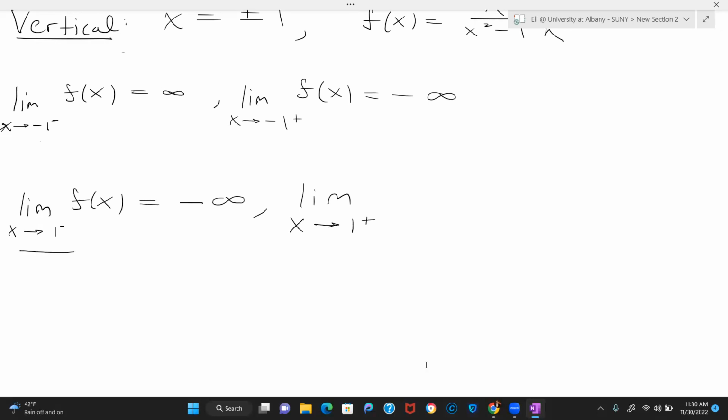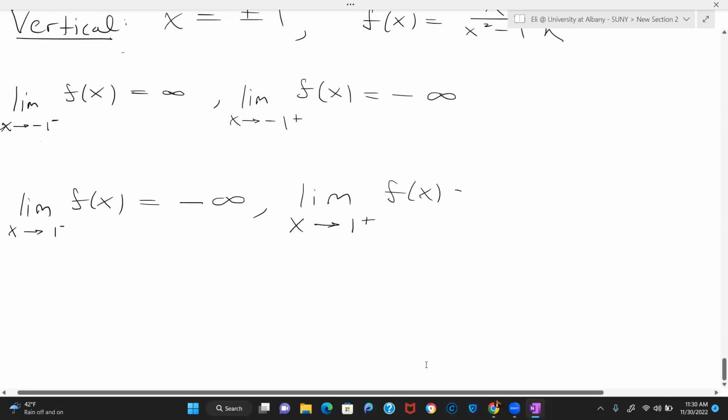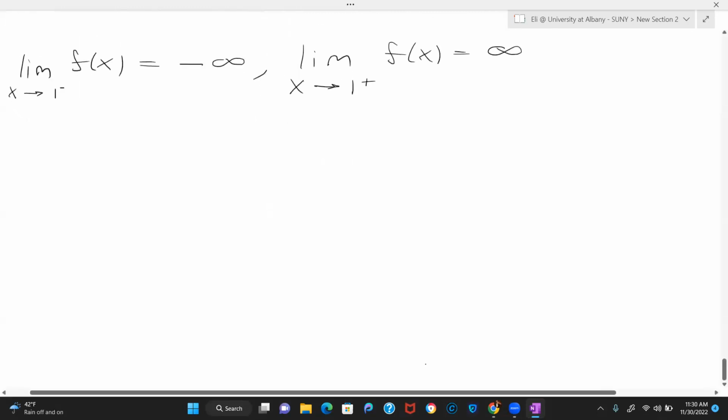This limit right here is 1 from the right. So you could take 2, and you'll see that when you evaluate the function at 2, you get plus infinity. All right, so that's part C, that fully answers that.